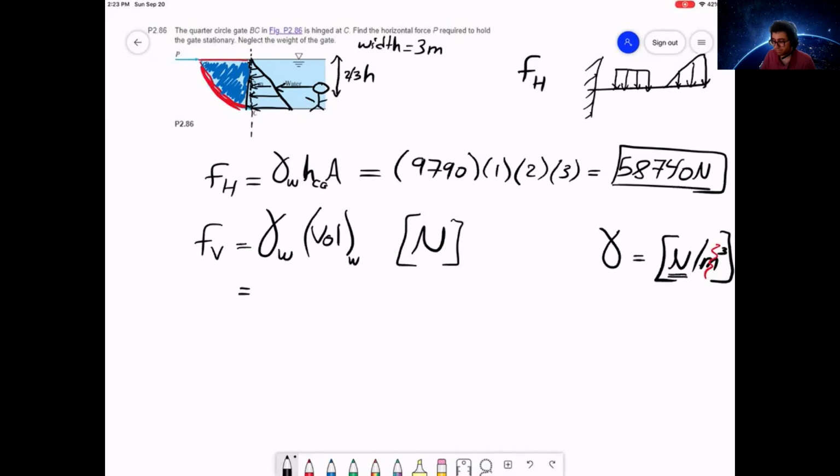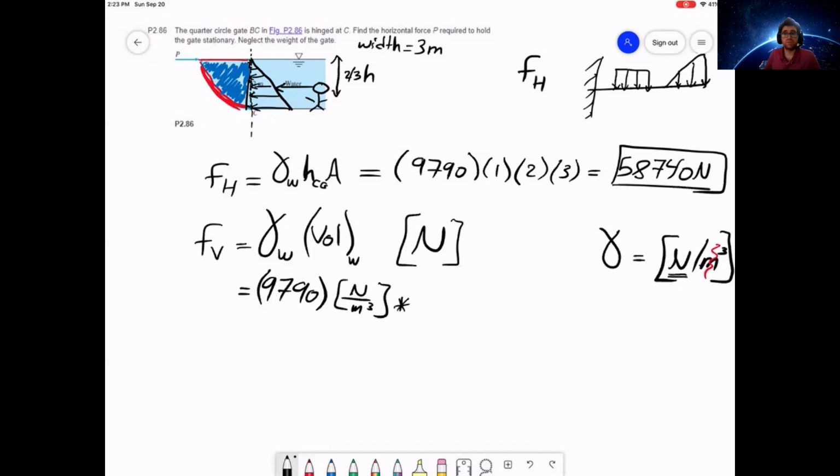So let's plug in numbers for this one. We know gamma of water is 9790, and this is Newton per meter cubed. And then you multiply this one times the volume.